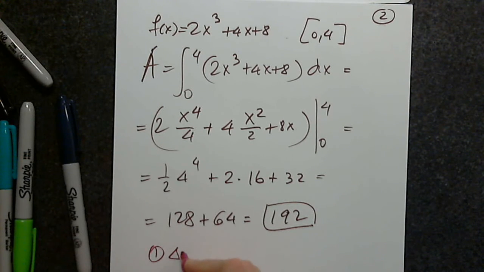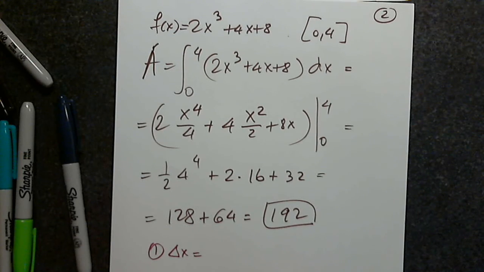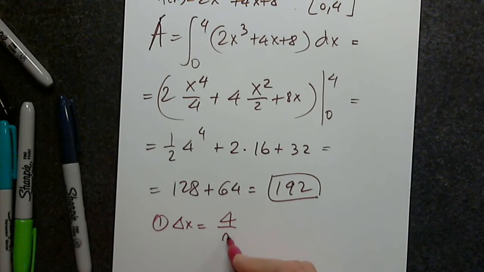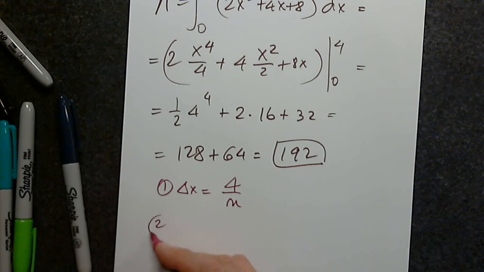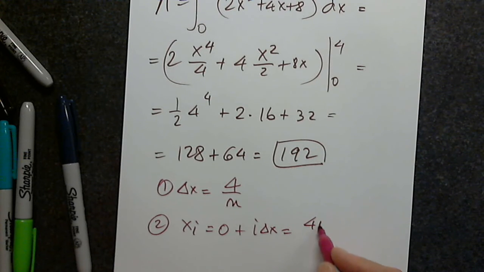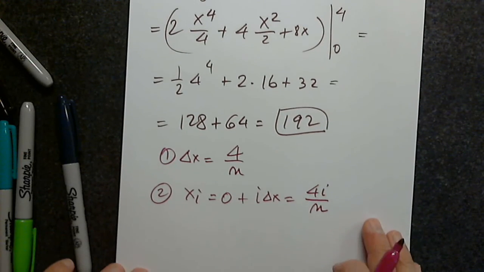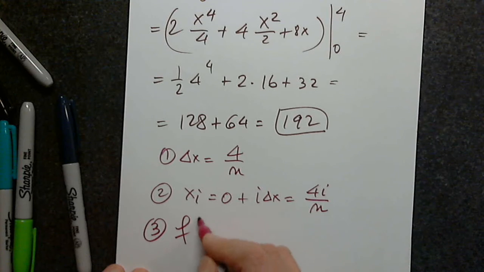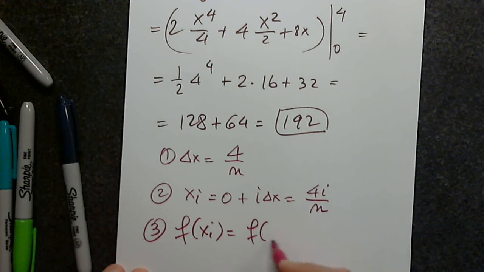Prep number 1, delta x. Yes, 4 over n. Perfect. Prep number 2, xi. Luckily it started at 0. 0 plus i delta x, which is 4i over n. And prep number 3, it has to be f of xi, which in this case is f of 4i over n.